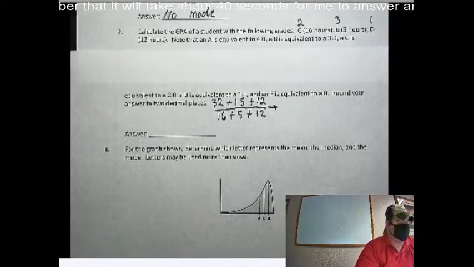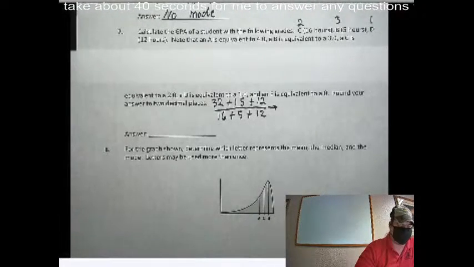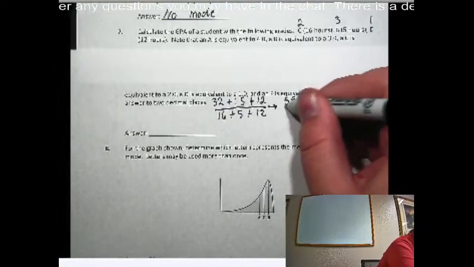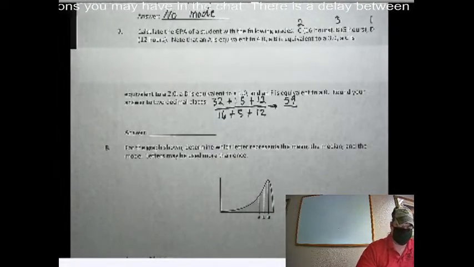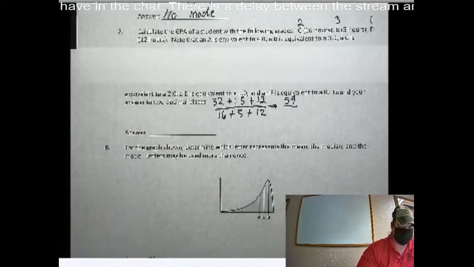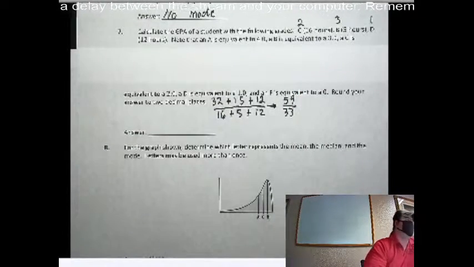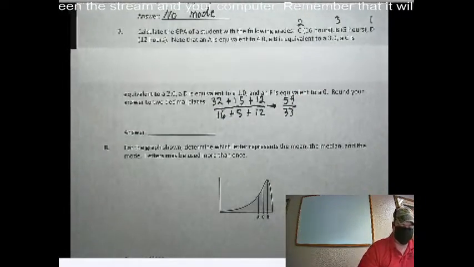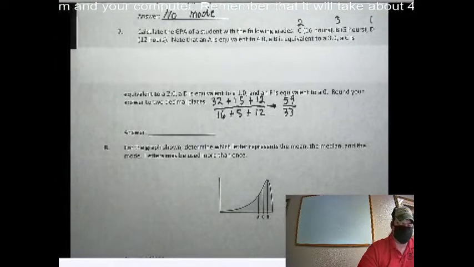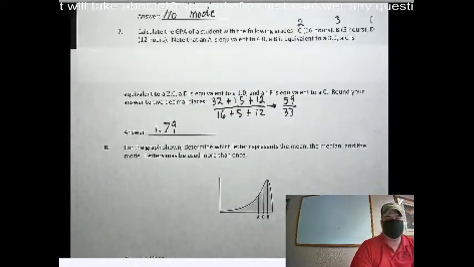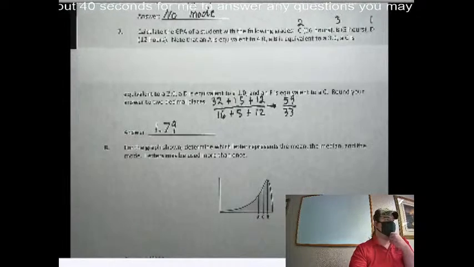So if we add these numbers, 32 plus 15 plus 12, we get 59, over 16 plus 5 plus 12, which is 33. So now we divide them. 59 divided by 33, and then round it, we get 1.79. Good.